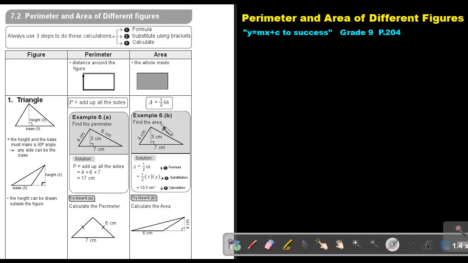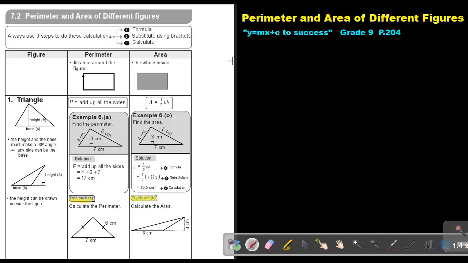So this is the base and this is the height. I write down the formula, I do the substitution in brackets, and then I use my calculator to find the answer. Okay, you can stop the video and do try now 6a as well as try now 6b.